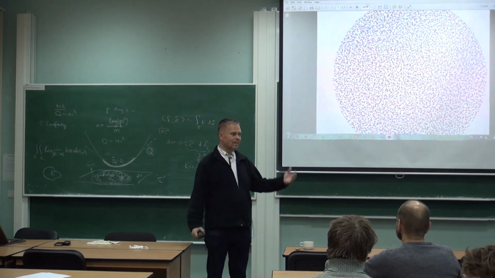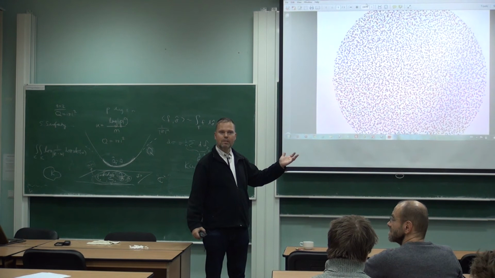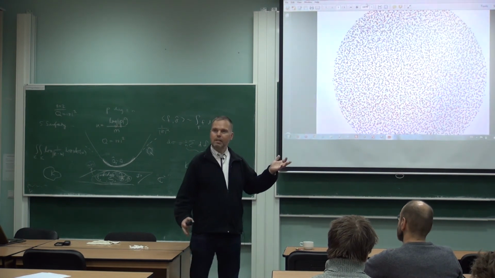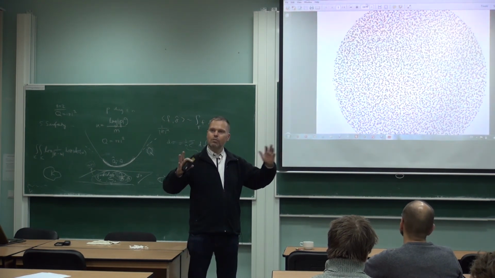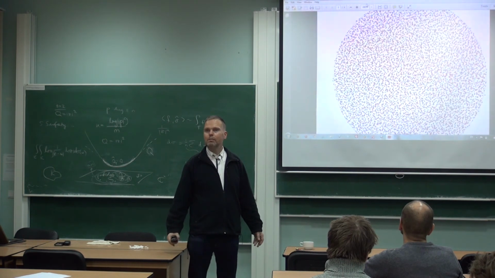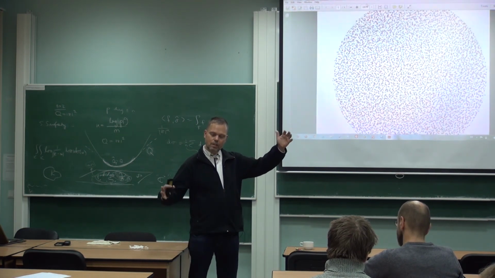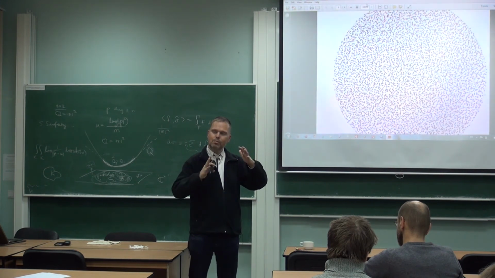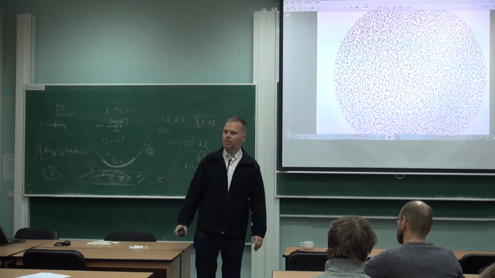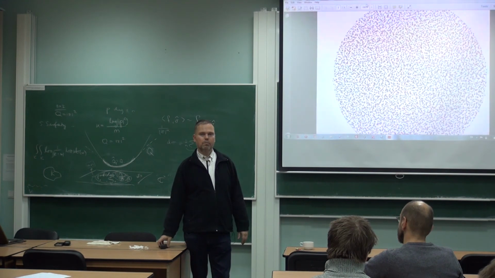Well, you feel it's some kind of packing problem: how densely can you pack points in the plane? But because you have a large-scale interaction, it's a little bit trickier than that. But some kind of packing problem.